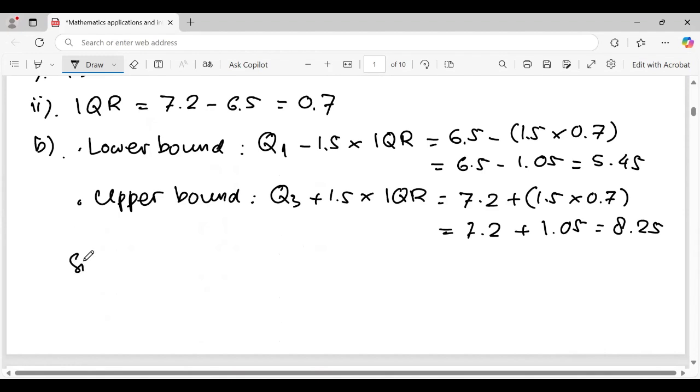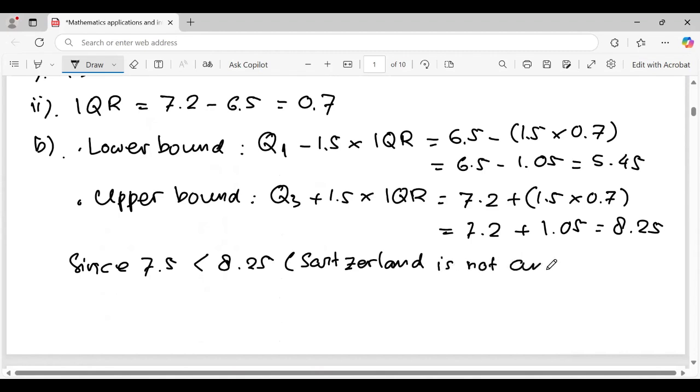So we can state that since 7.5 is less than 8.25, it means that Switzerland is not an outlier. Next question, C.